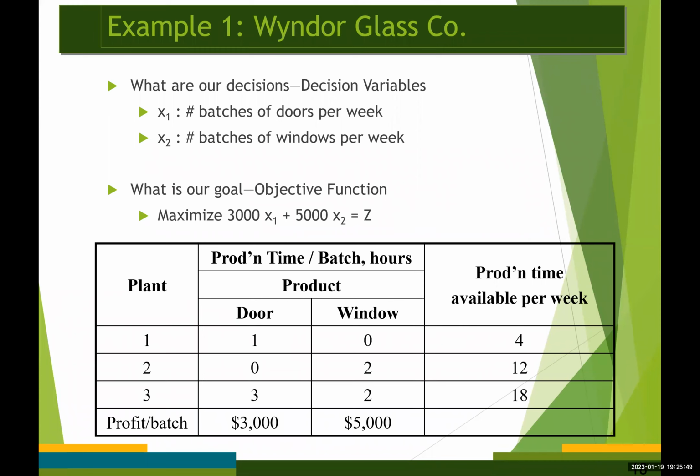If we let capital Z be the total profit per week from producing these two products, doors and windows, then our objective function looks like this: 3,000 times X1 plus 5,000 times X2.